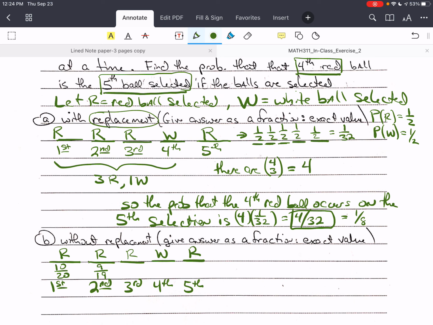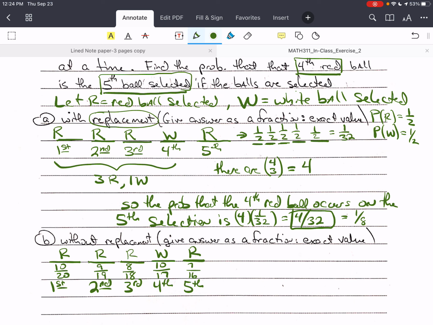And then I've drawn another red ball. So for the third draw, I only have 8 red balls left out of a total of 18. And then white, there's still 10 of them, but only out of 17 for the fourth. And then for the fifth ball, which is supposed to be red, there's only 7 red out of 16.